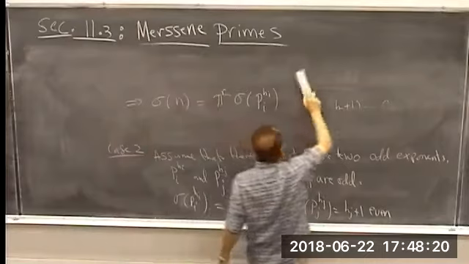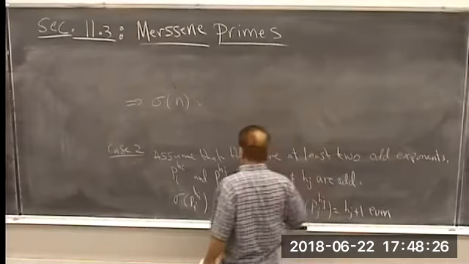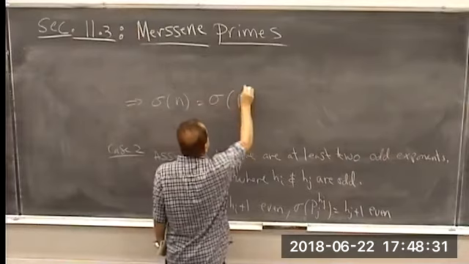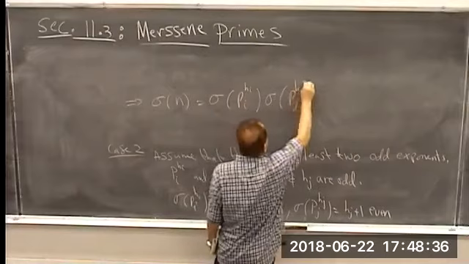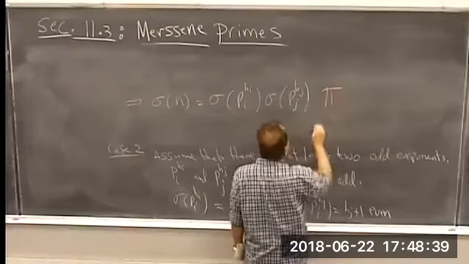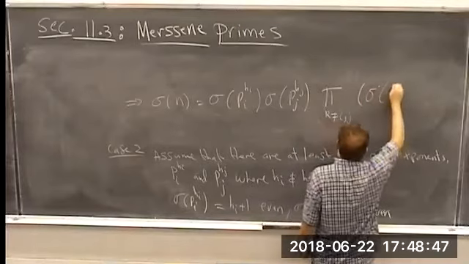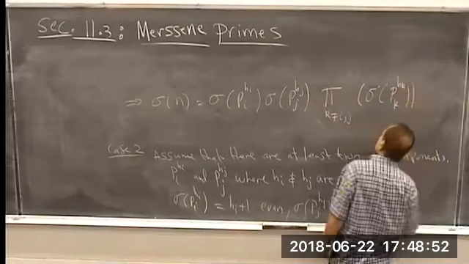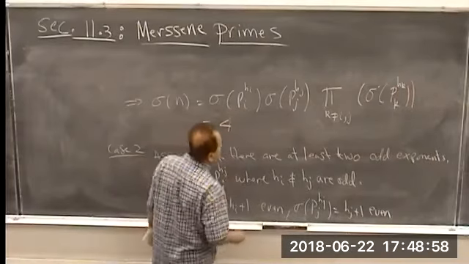All right, so when we write sigma of n, we take these 2, sigma of p_i to the h_i and sigma of p_j to the h_j, then the product over k not equal to i or j of the remaining ones. So this is going to be 4 times something.